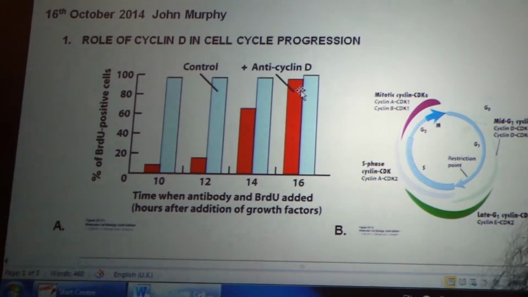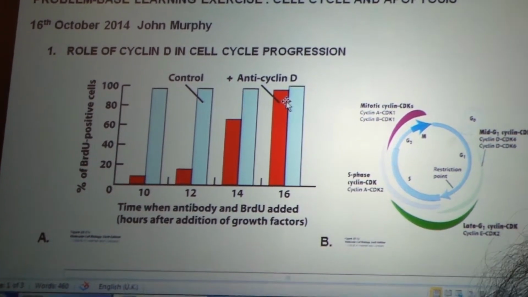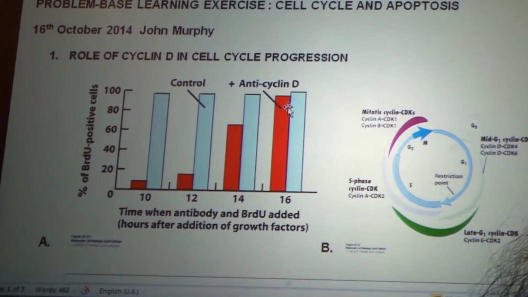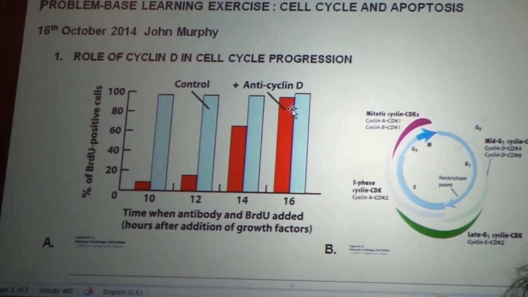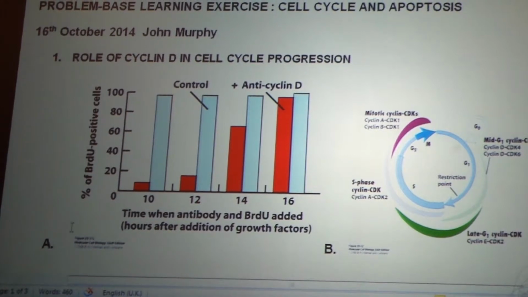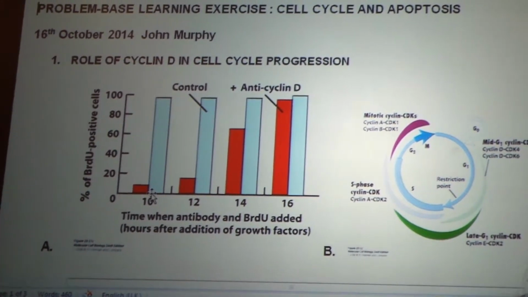If you look at the red bars, what do you think that's telling you about what's happening? Well, look at how it works. At 10 hours, if you stimulate the cells for 10 hours and add the anti-cyclin antibody, only 10% of them go into S phase of the cell cycle.